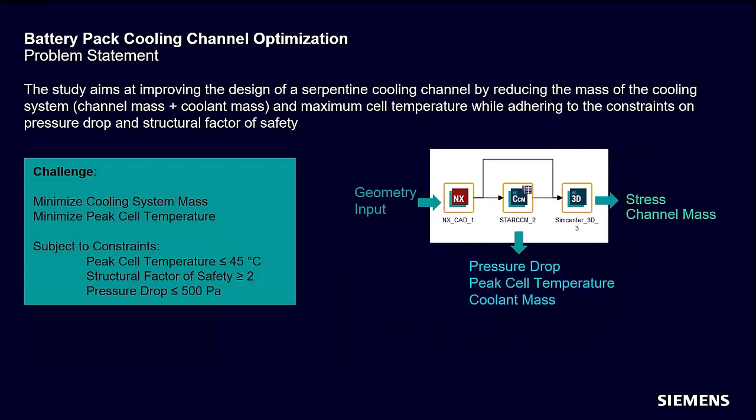Updated variable values from SHERPA go in as inputs into the CAD system via the Annex CAD portal. Once the thermal computation is completed with the updated geometry, key responses including pressure drop, peak cell temperature, and coolant mass are extracted from the STAR-CCM+ simulation. Similarly, after the structural simulation is complete, the stress and channel mass are extracted from the Simcenter 3D portal.